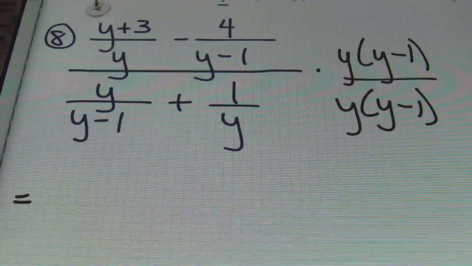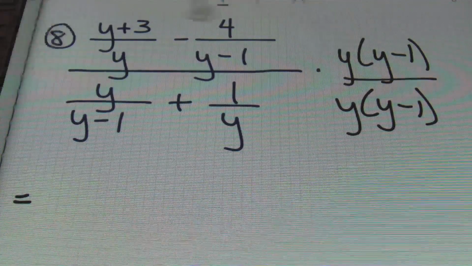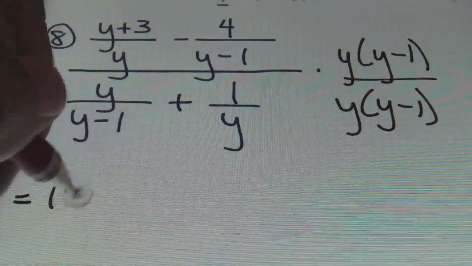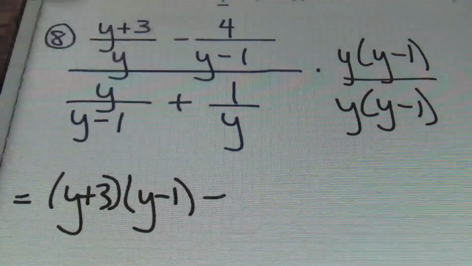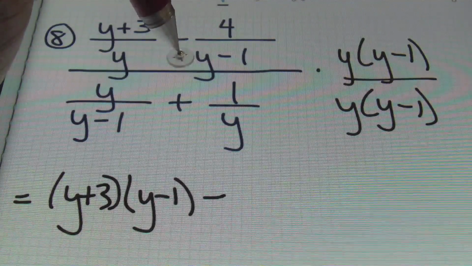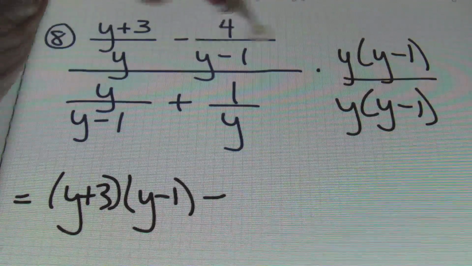So, multiplying y plus 3 over y times y minus 1, the y's will cancel out, and that'll leave me with y plus 3 times y minus 1, minus multiplying 4 over y minus 1 times y minus 1, the y minus 1's will cancel out, and that'll leave me with 4y.